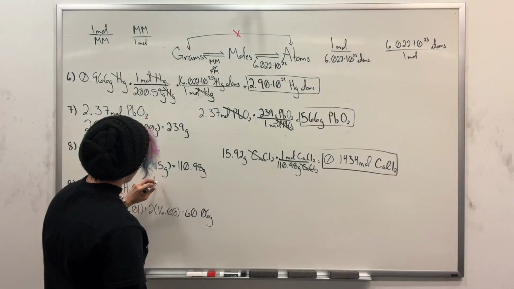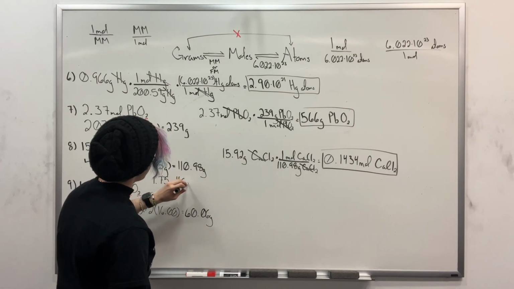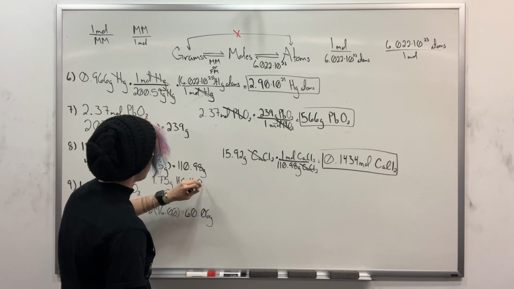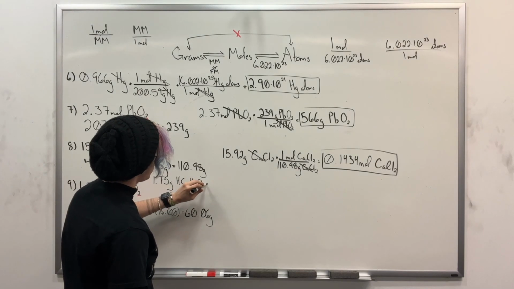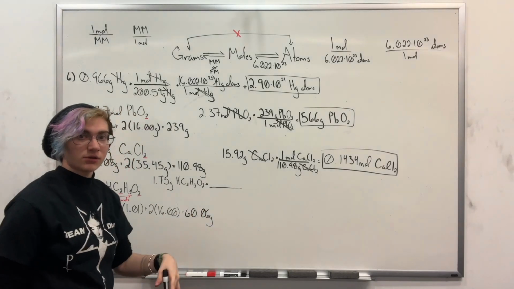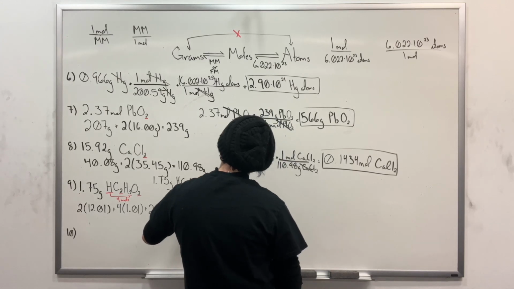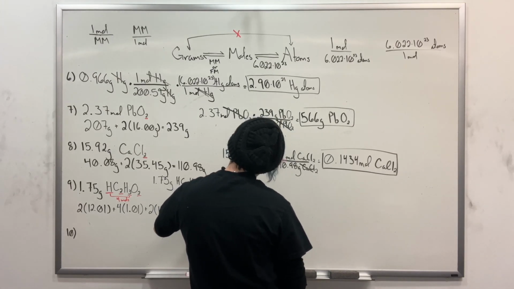We're starting with 1.75 grams of it. Grams is currently in our numerator, and so we need grams in our denominator in our conversion factor. So 1 mole goes on top.